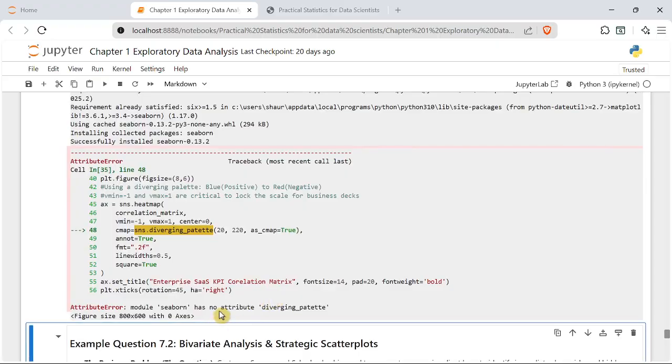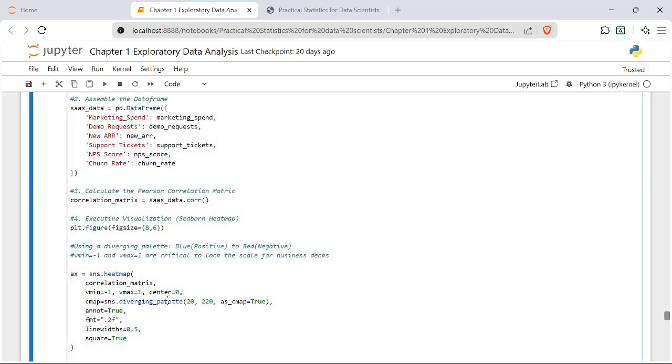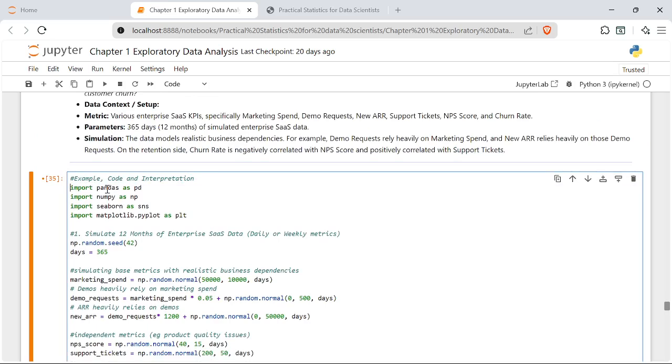Module seaborn has no attribute diverging_palette. Palette, not patate. Okay, since Seaborn has been installed.